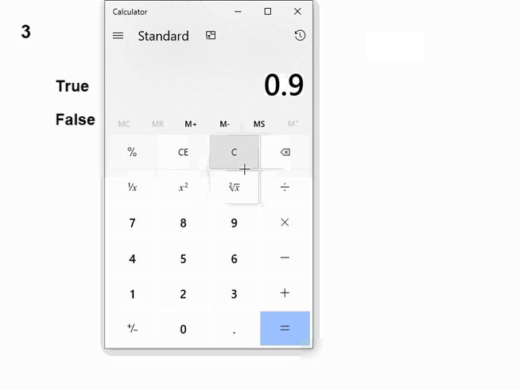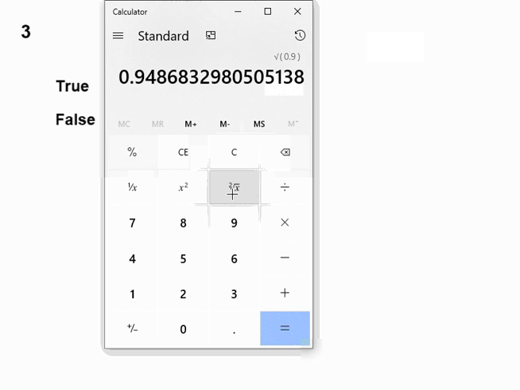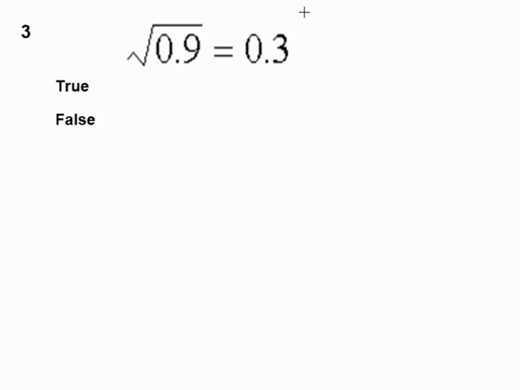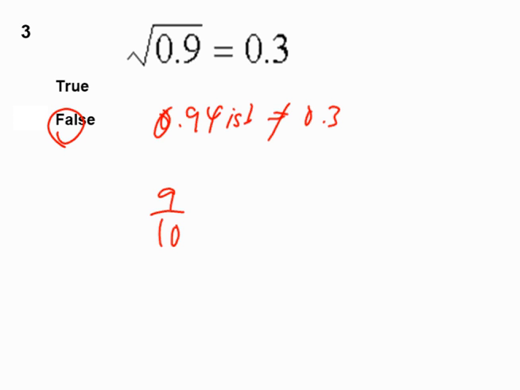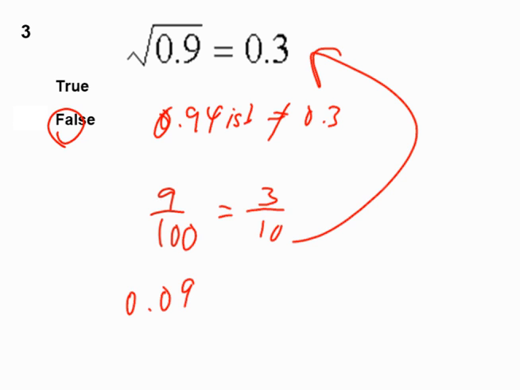The square root is 0.94-ish. And that does not equal 0.3, so therefore it's false. Remember, 9 tenths is not the same thing as if it was 0.09. This is 9 hundredths, and that is equal to 3 tenths, but not this.